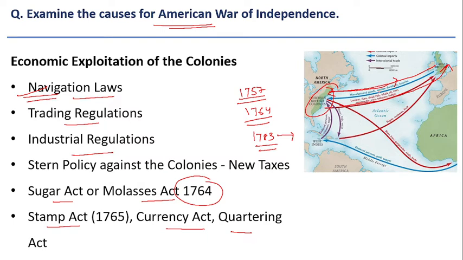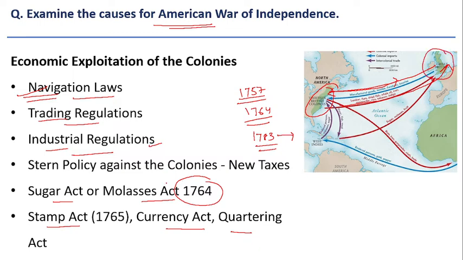No other ships were allowed. And under trading regulation, they had to sell their products to British merchants and traders. Industrial regulation means colonies should not have any freedom to have their own industrial policies, because Great Britain imposed industrial regulations as per its own demand.